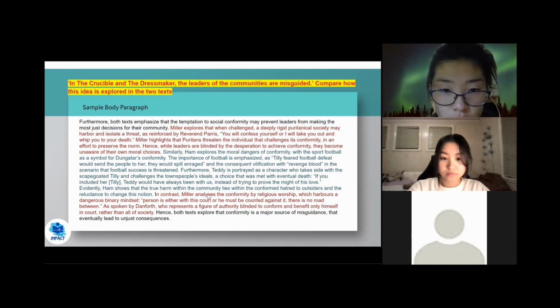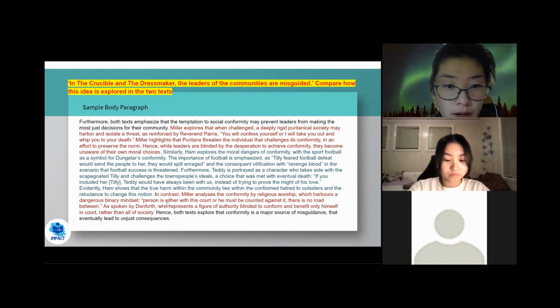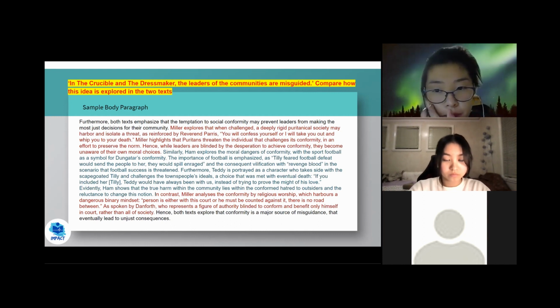so we've got, "In contrast, Miller analyzes the conformity by religious worship, which harbors a dangerous binary mindset. The person is either with this court or he must be counted against it. There is no road in between," as spoken by Danforth, who represents a figure of authority blinded to conform and only benefit himself in court rather than all of society.